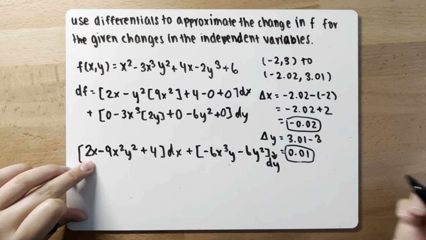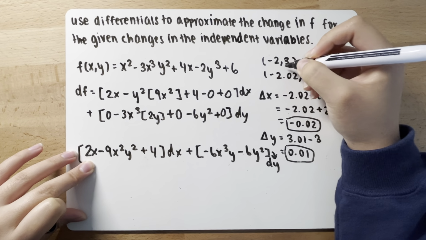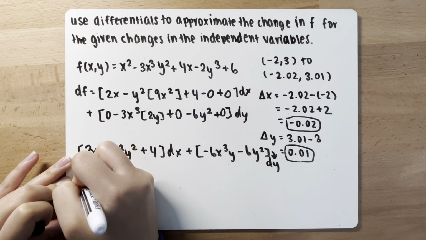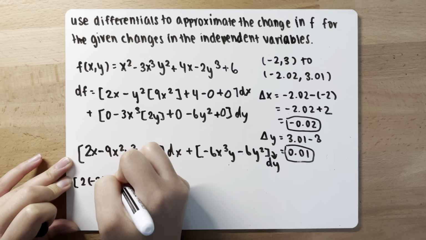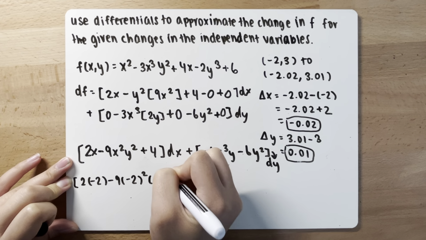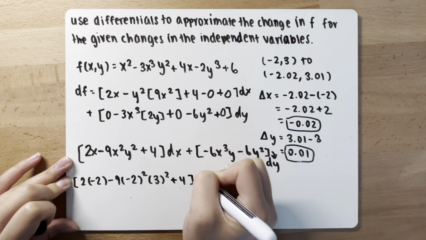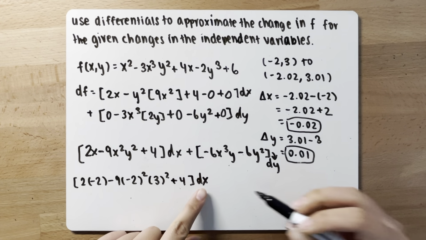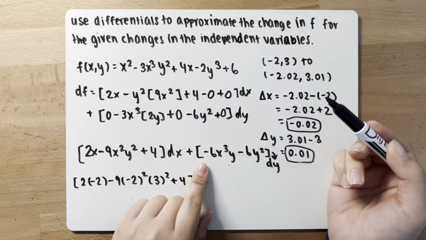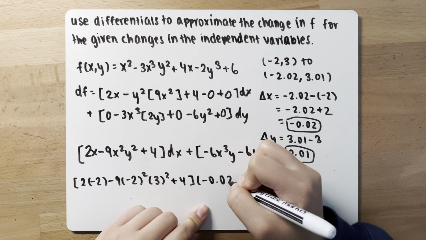You will then substitute this x value and this y value for the x and y over here. So you have 2 times -2 minus 9 times -2 squared times 3 squared plus 4. This is dx. But we know that our change in x is -0.02, so we could plug that in for dx, -0.02, okay?